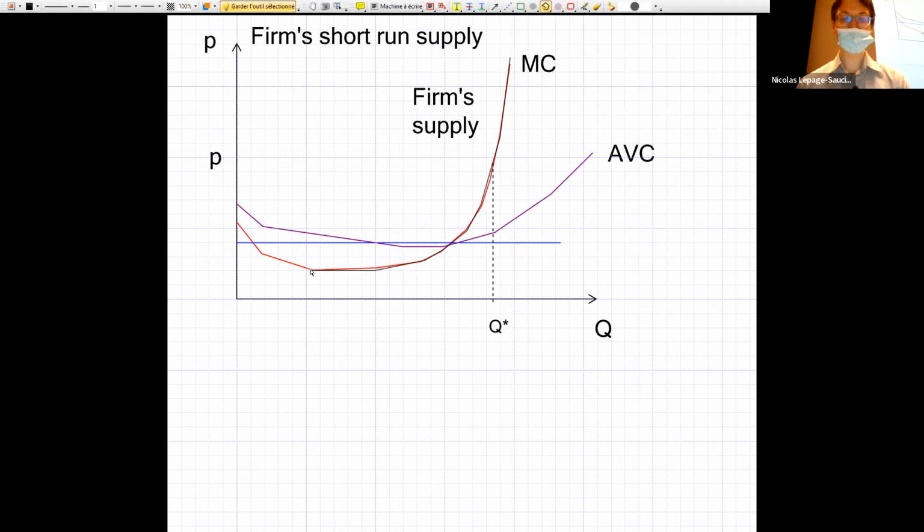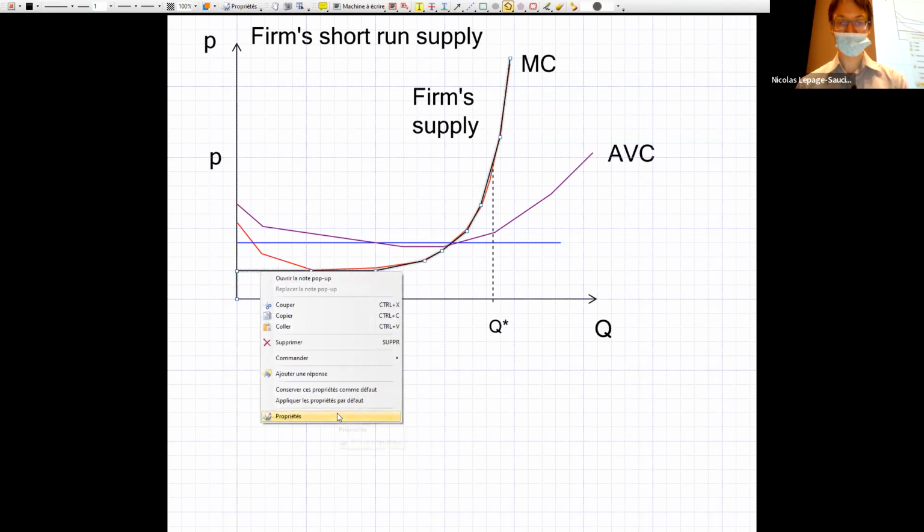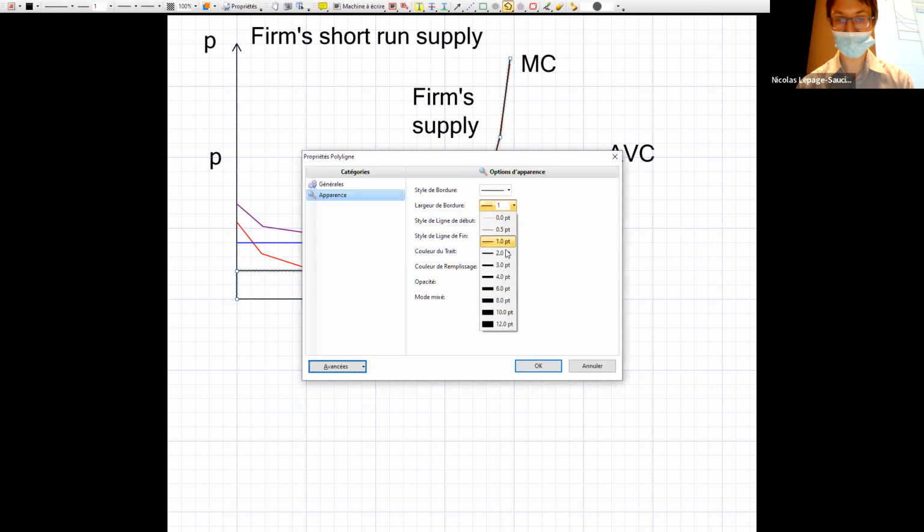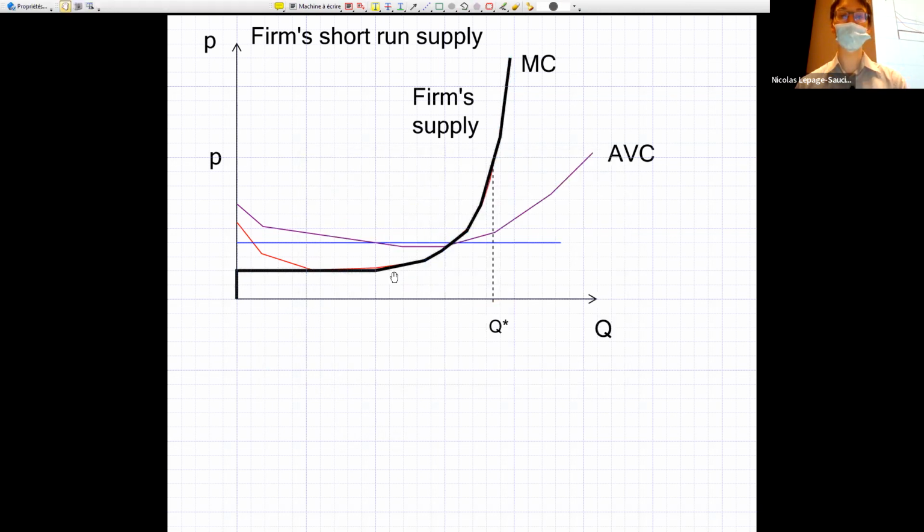And if the price is even lower than this, then the firm would just close down. So it will produce quantity 0. And if the price is 0, then that's what the firm produces. That's my short-run supply. So it works. Now it's purely upward sloping. It's purely a positive function.